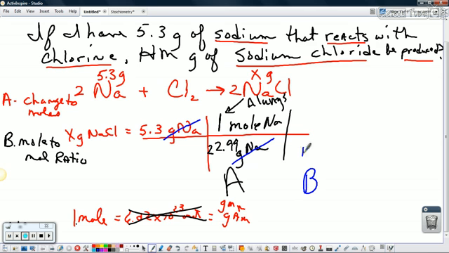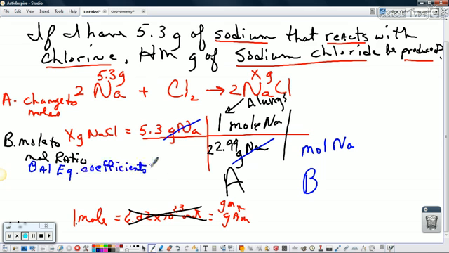So I'm going to put moles, because I got to cancel moles, Na. How many moles of Na? Look at the balanced equation. 2. So this step, I have to look at the balanced equation, and I have to look at the coefficients.